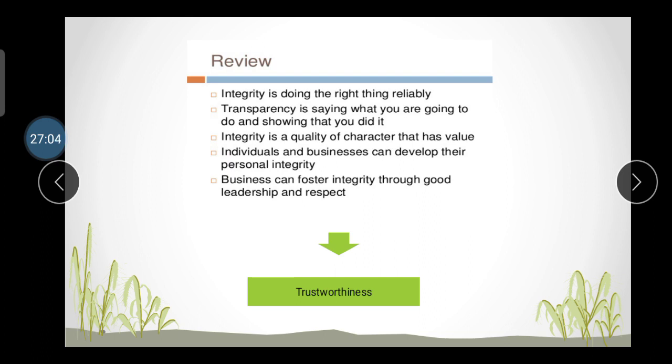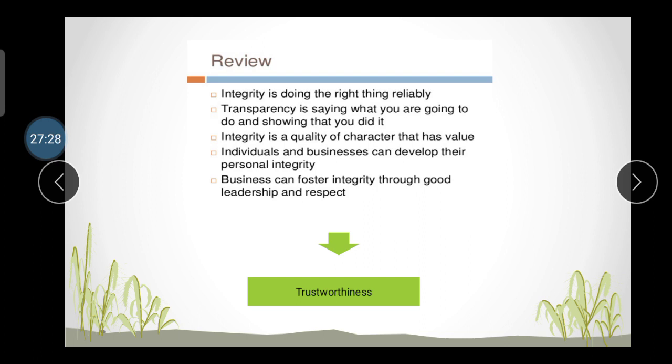Individuals in business can develop their personal integrity. Businesses can foster integrity through good leadership and respect, and it creates trustworthiness in your field. If any customer has built trust in your business, then your business will get the highest success in the market.